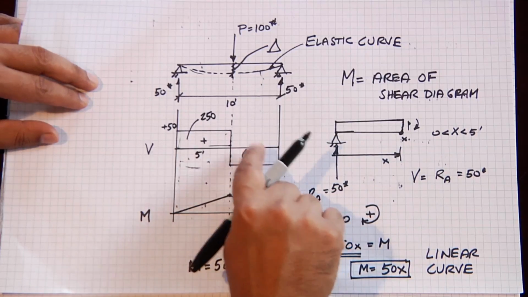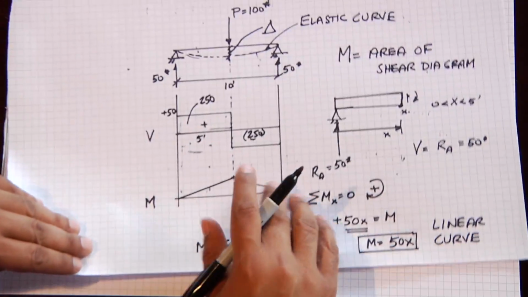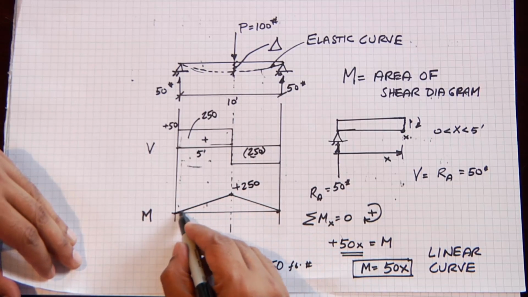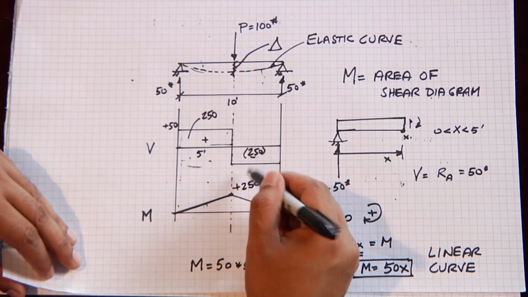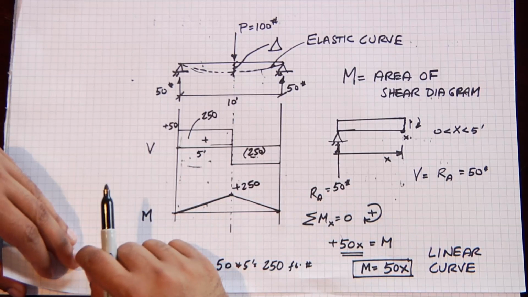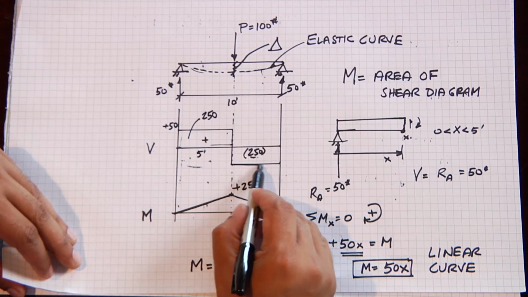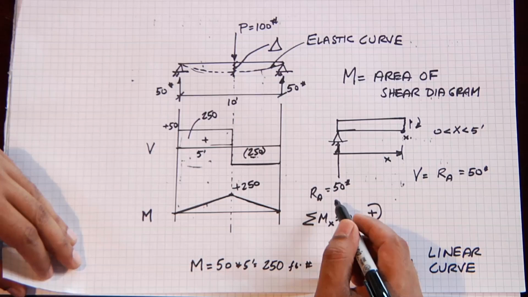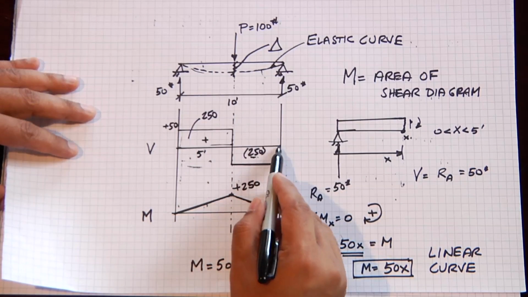Very important that the two are equal, because then when you add them, they have to become 0. So my maximum moment is 250, which goes up with a straight line, and then this is minus 250, which goes down with a straight line, because this is a constant and this is a linear curve. And the sum at the end is 0.